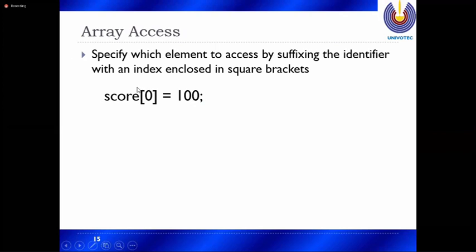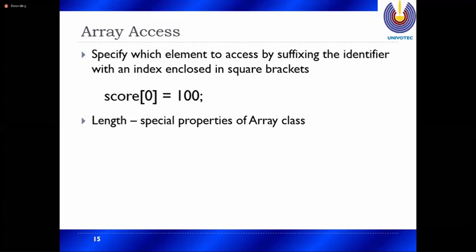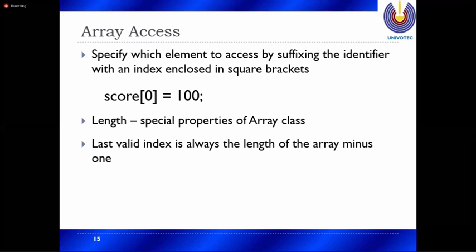If you use a square bracket with any variable, then we understand this is the array type. Length is a property of the array class. The last valid index is always the length of the array minus 1.